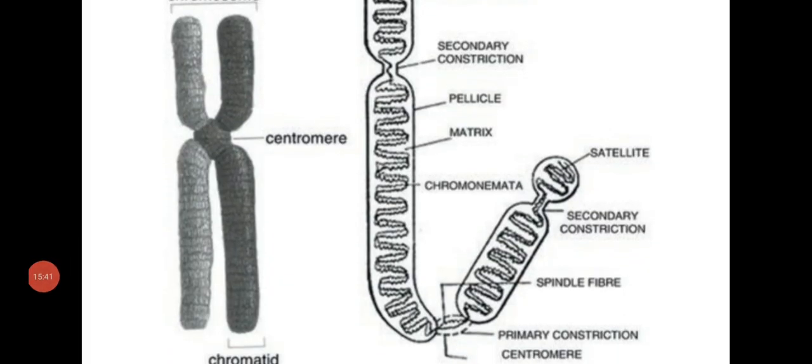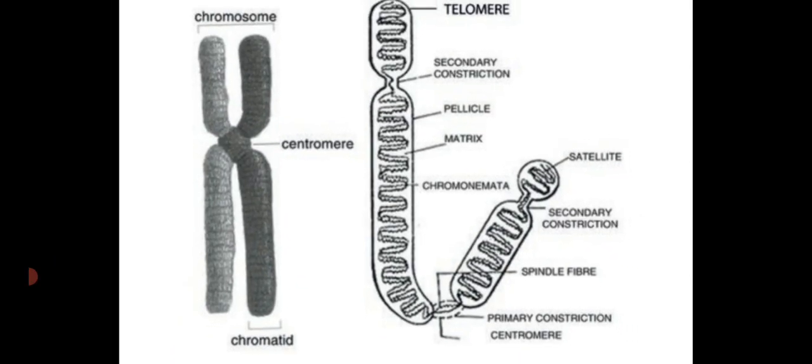Dear students, see the first diagram. This is the fine thread-like structure of a chromosome, which contains a pair of strands connected at a central position known as the centromere. The pair of strands are known as chromatids or sister chromatids.